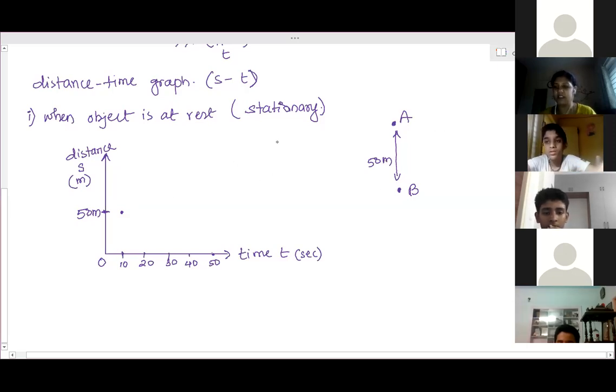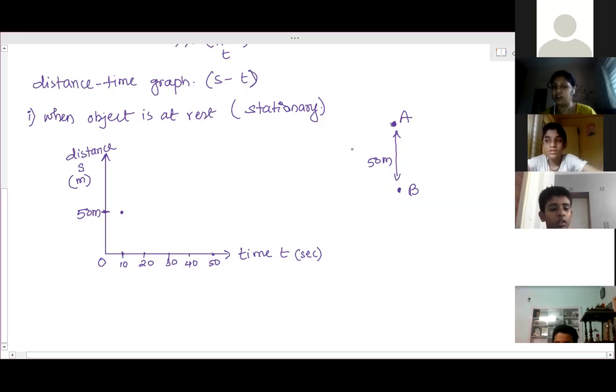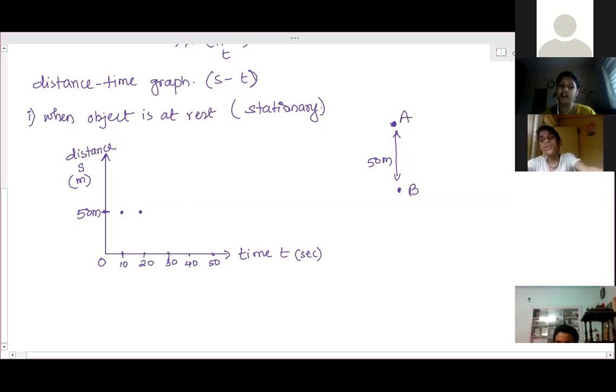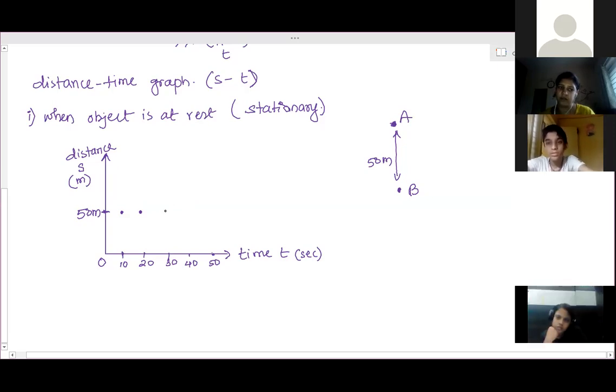In the next 10 more seconds, what is your position from the original position A? 50 meters. And again, in the next 10 seconds, 50 meters. Next 10 seconds, 50 meters. Again 50 meters. So your position has not changed.